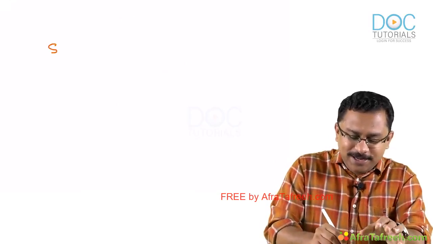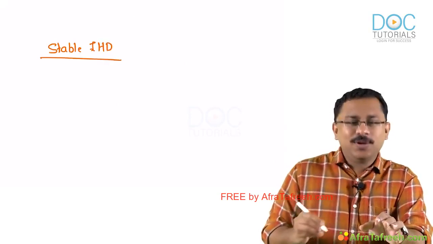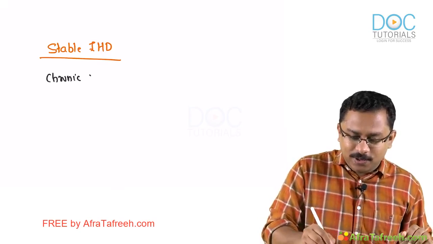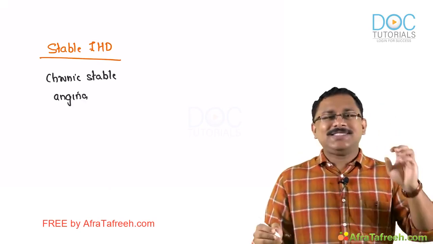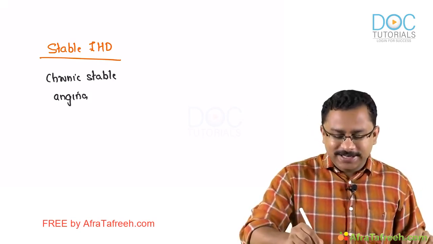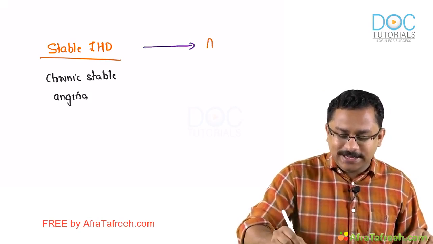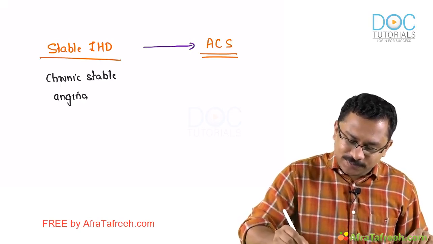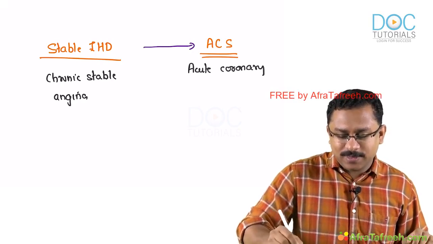It ranges from a stable ischemic heart disease, which you can also label as chronic stable angina, to the ACS. What is this ACS? The acute coronary syndromes.